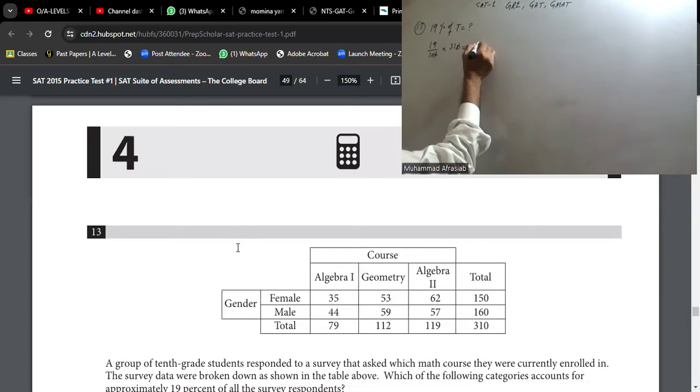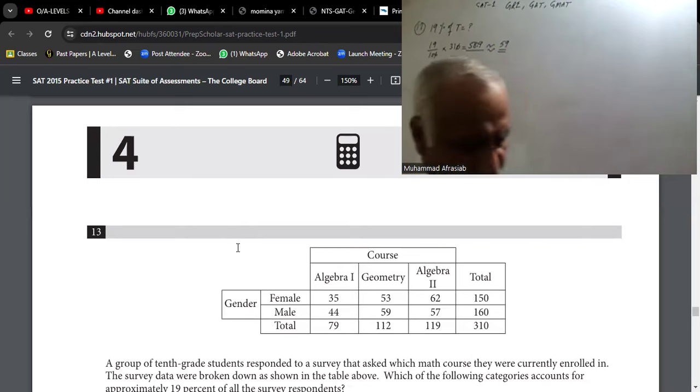is equal to: 19 ones is 19, 19 threes are 57 plus 1 is 58, and divided by 10 is 58.9, which is approximately equal to 59. So we will see which category has 59 students. The 59 students fall in male for geometry.